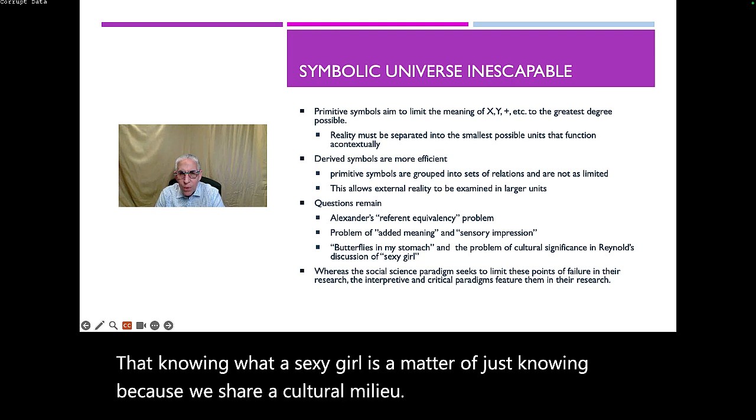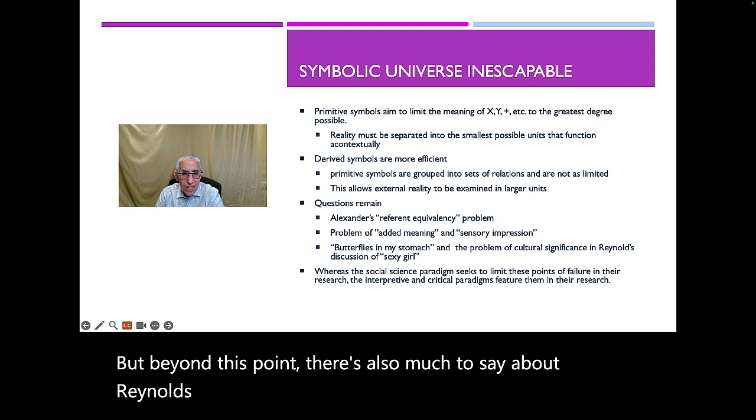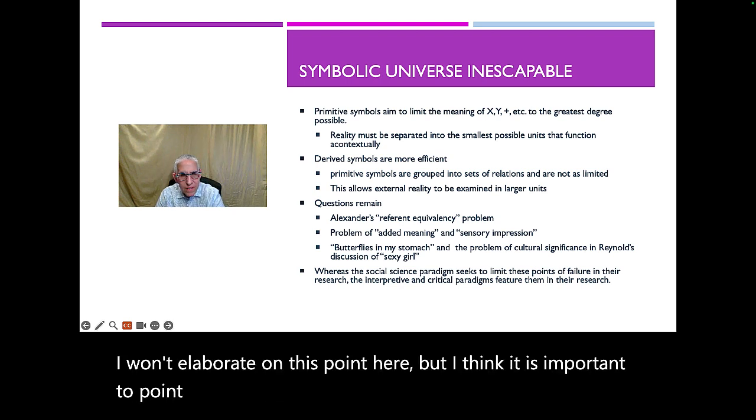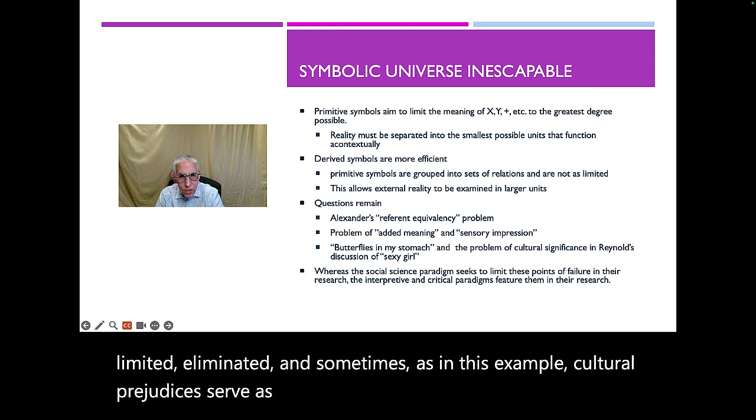But beyond this point, there is also much to say about Reynolds' choice to use sexy girl as an example. I won't elaborate on this point here, but I think it is important to point out that our biases and prejudices can never be eliminated, and sometimes, as in this example, cultural prejudices serve as a very clear touchstone for mutual understanding.